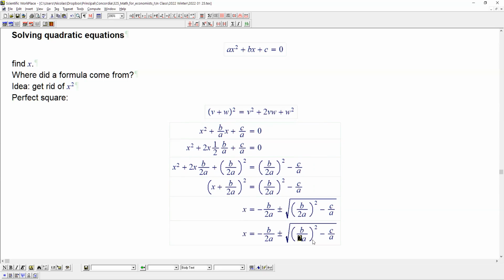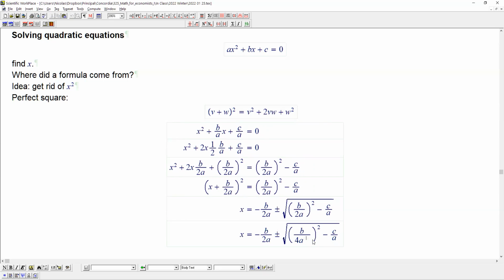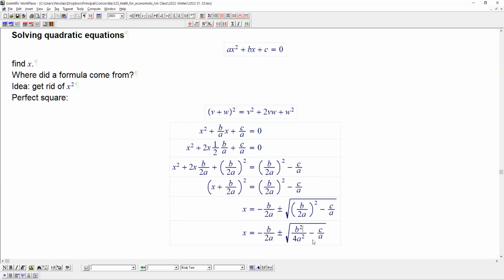Yeah, so that's 4a squared. That's b squared. Then let's have a and a squared and 4 and 4.